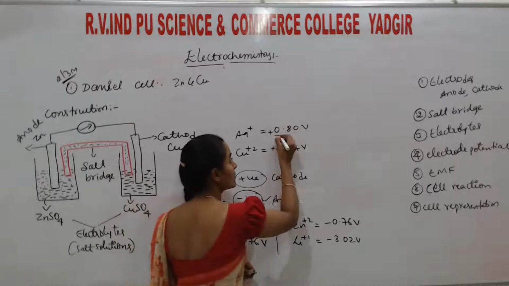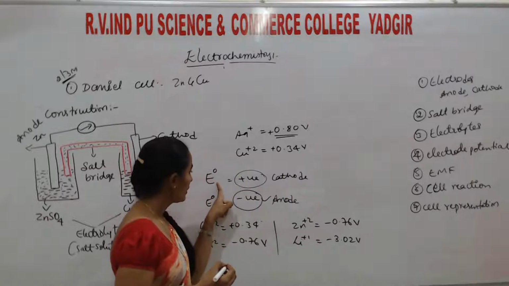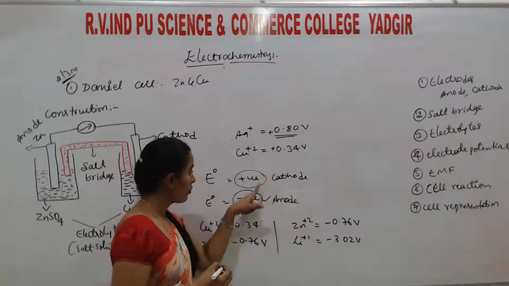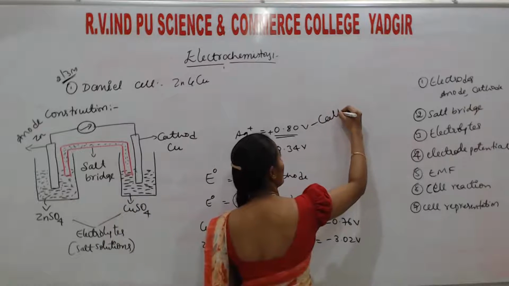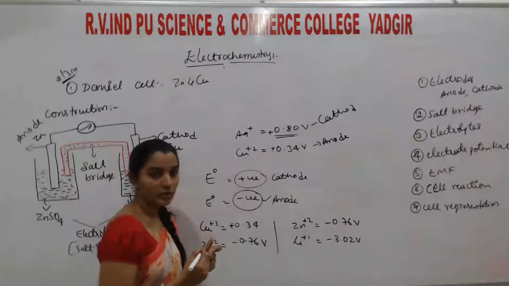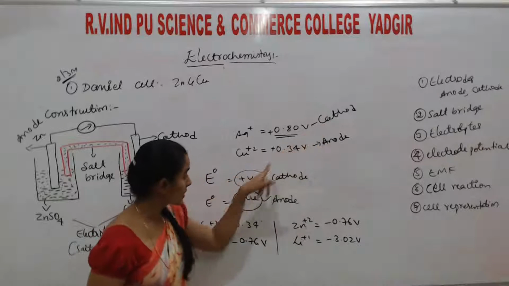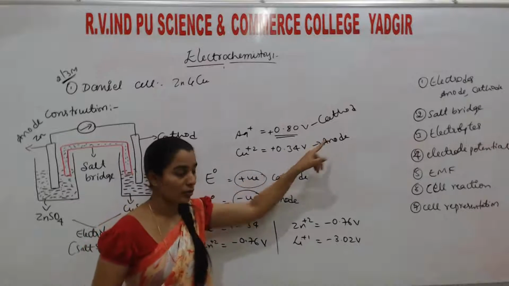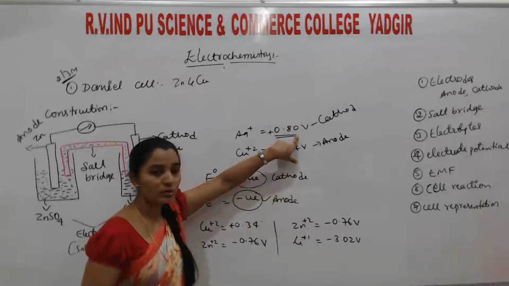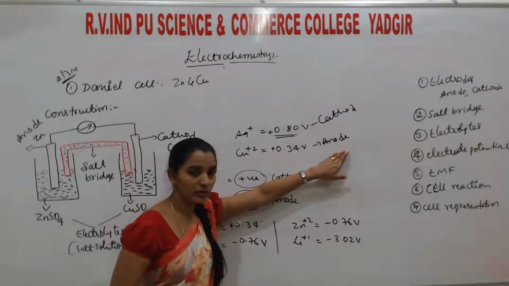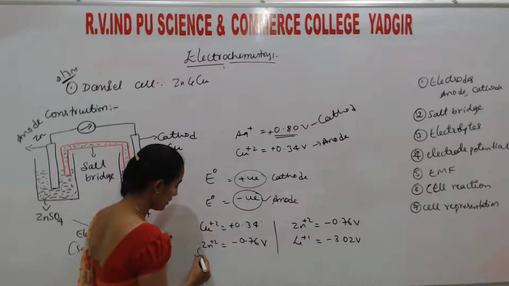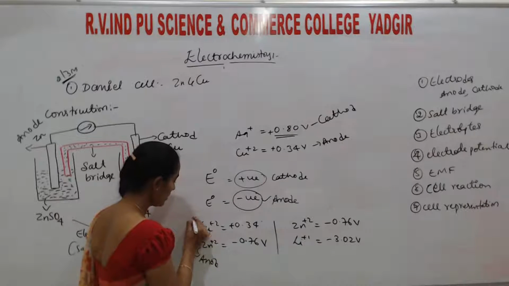More positive means this one becomes cathode, this one becomes anode, because greater positive value means cathode, greater negative value means anode. Here, of course, it is plus, it is minus. So this one is anode, this one is cathode.